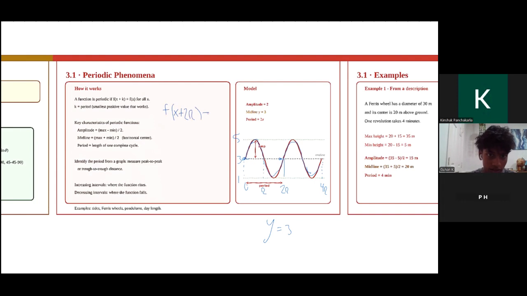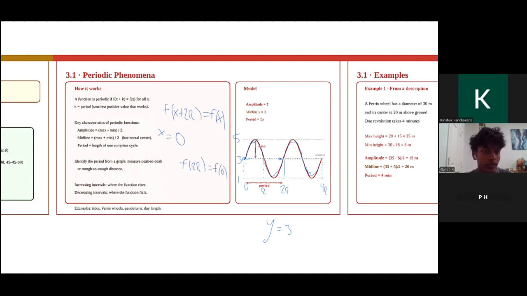For example, if we have x equals 0, then f of 2 pi, because 0 plus 2 pi is just 2 pi, equals f of 0. Because when x is 2 pi, y equals 3. When x is just 0, y also equals 3.